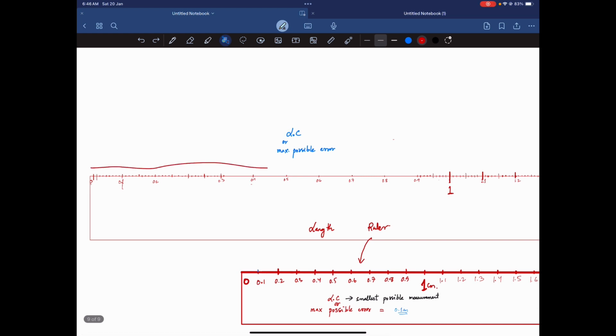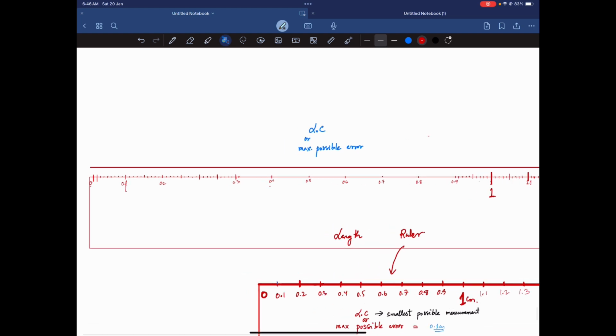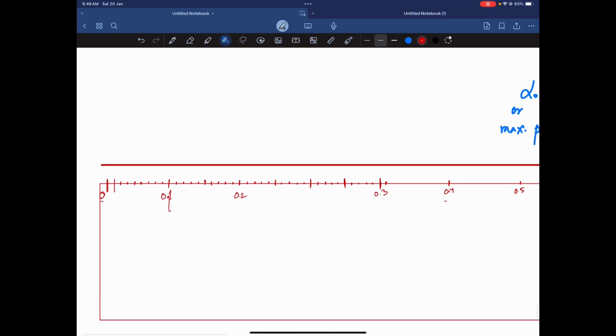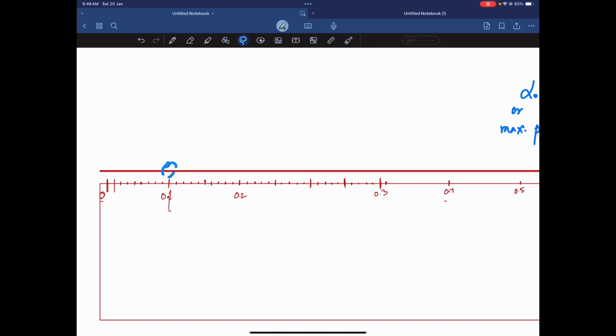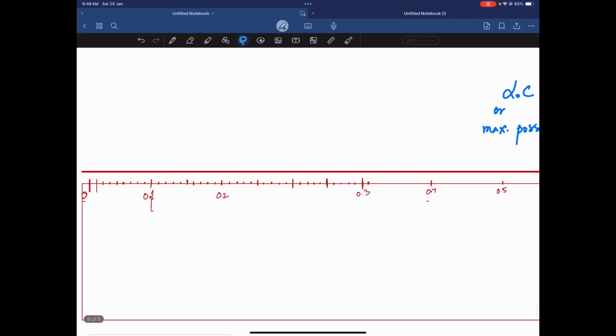Okay, never mind. Okay, it's not easy. Let's zoom in. Okay, it's here. Now let's see what is the length.